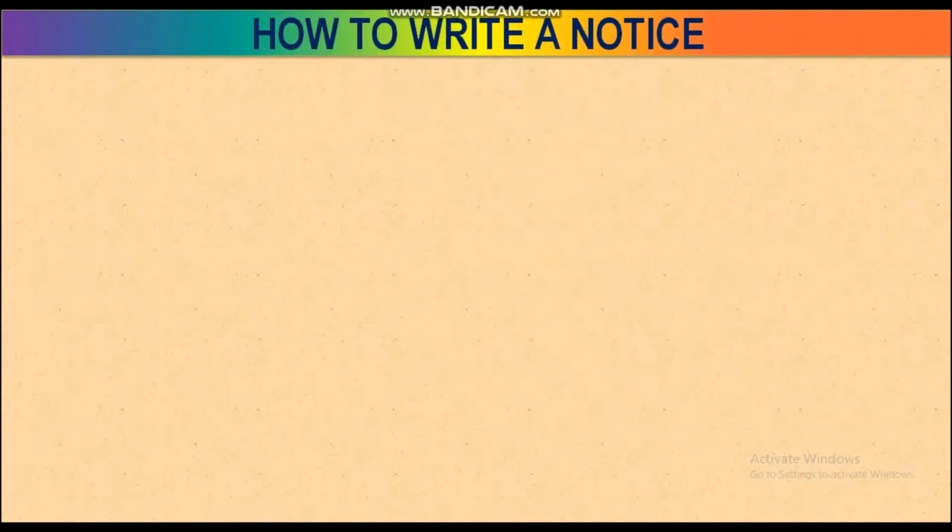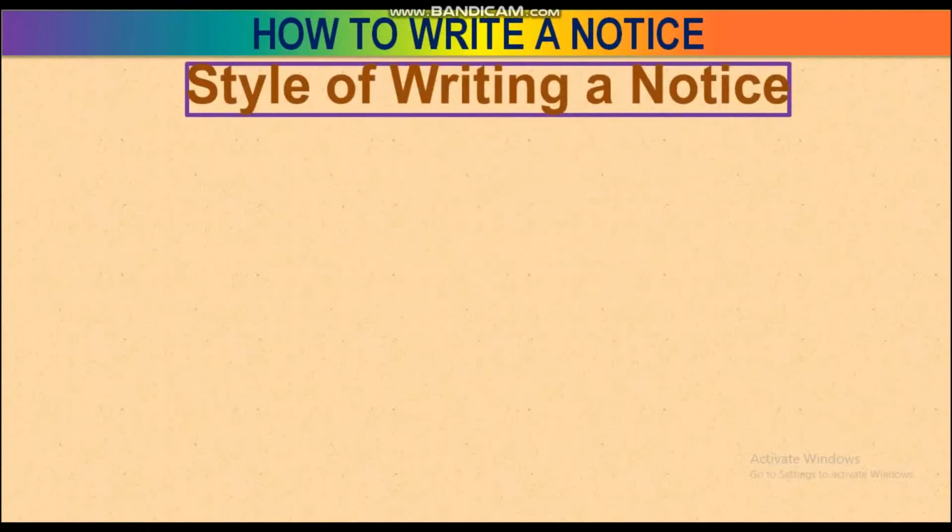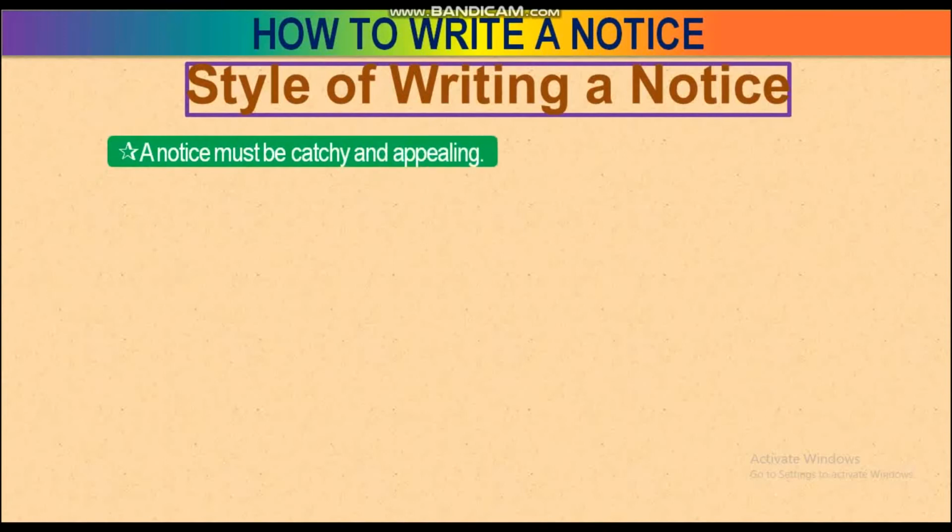Dear students, you have to bear in mind some points while writing a notice. Remember that a notice must be catchy and appealing because the purpose of notice is to inform others.